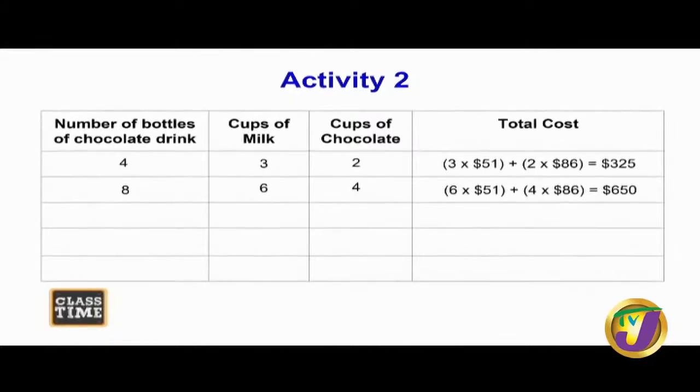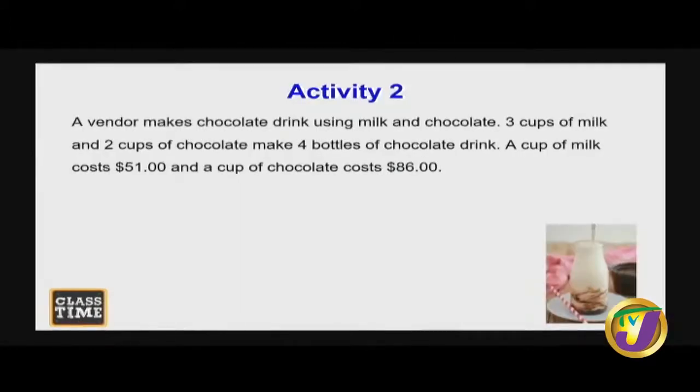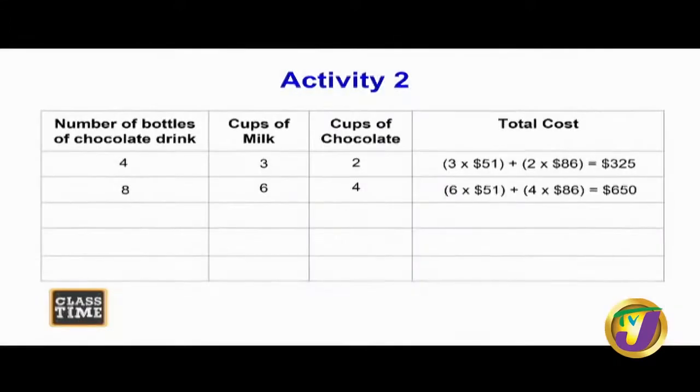Beautiful. So let's look at the total cost now and see what's happening. Notice that we're now multiplying $51 by 6, and we also multiplied $86 by 4, because we're using 4 cups of chocolate.